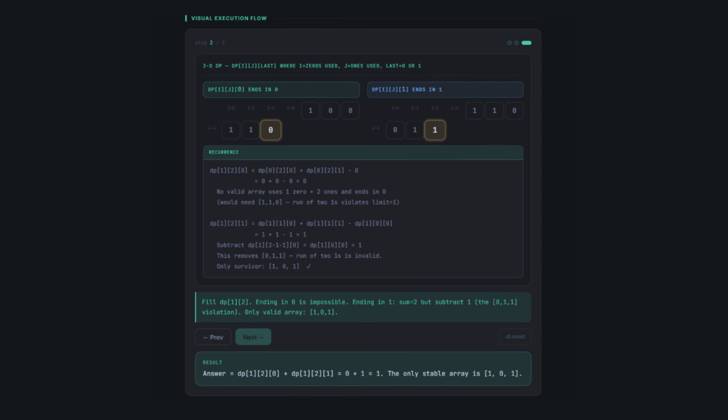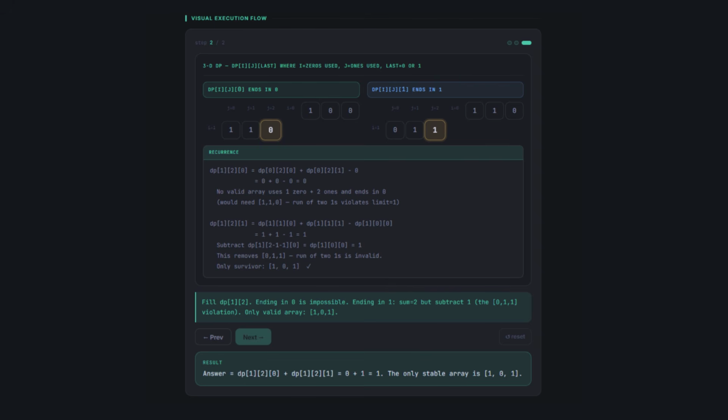That becomes 1 plus 1 minus 1, which equals 1. The subtraction removes the invalid array 0, 1, 1 because that creates two 1s in a row, which violates the limit. After removing that invalid case, the only remaining valid array is 1, 0, 1. Finally, we compute the answer. dp[1][2][0] plus dp[1][2][1] equals 0 plus 1, which gives us one valid stable array.